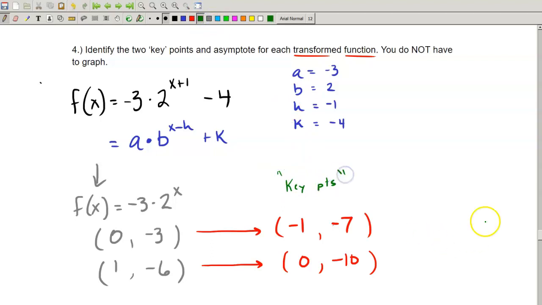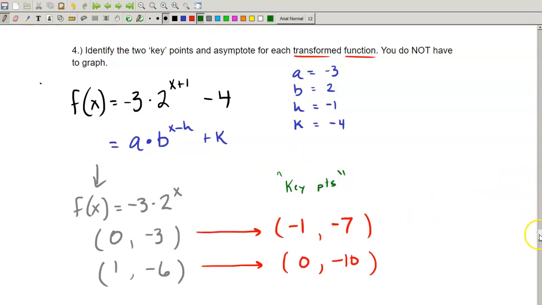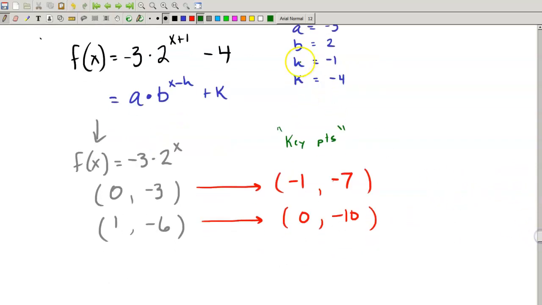on my graph. And we also want to talk about the asymptote. So with my parent graph, or my base graph here, the asymptote is always going to be at 0 because our h and k are 0. Specifically, our k value is 0.